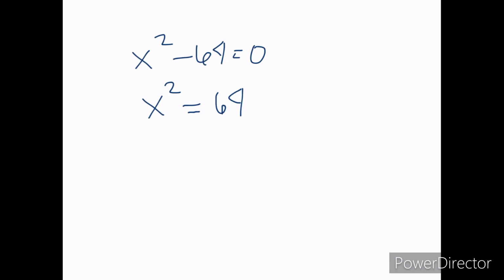Let's proceed to step 2. If a is not equal to 1, divide both sides of the equation. Since a is equal to 1, let's proceed to step 3. In step 3, get the square root of both sides of the equation. So the square root of x squared and the square root of 64.